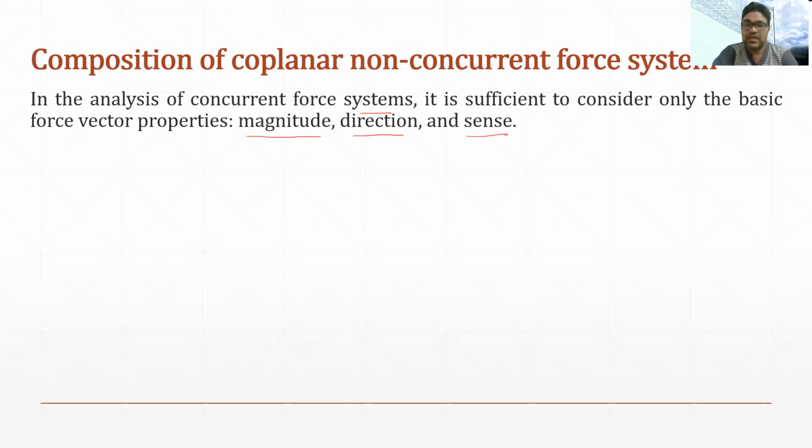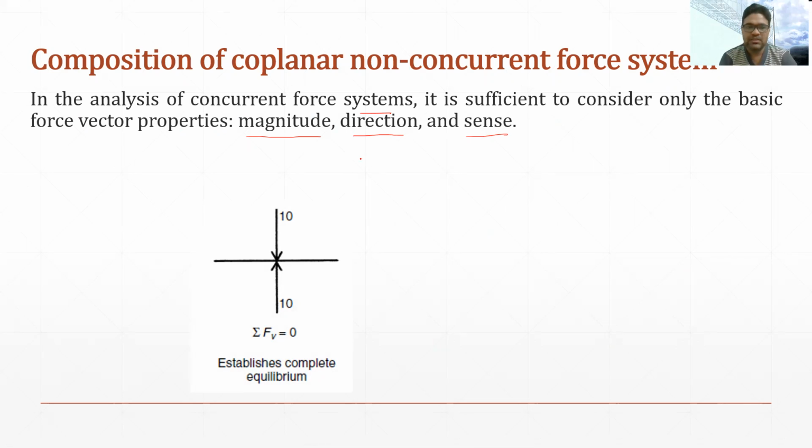But that is the case of concurrent forces. What if we have non-concurrent forces? Then how do we find the resultant, and which aspect of the force comes into play, that we will see. So first we will see this with a figure.